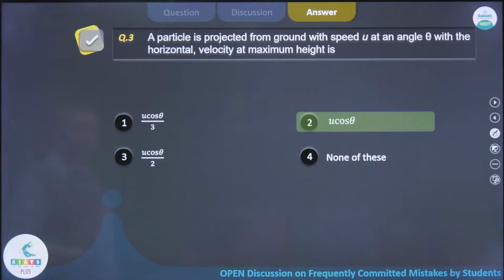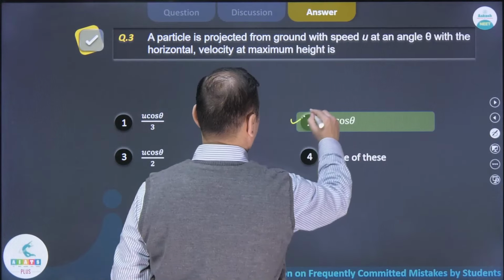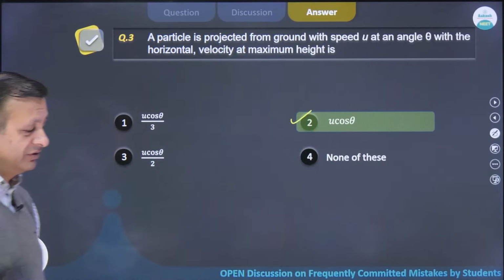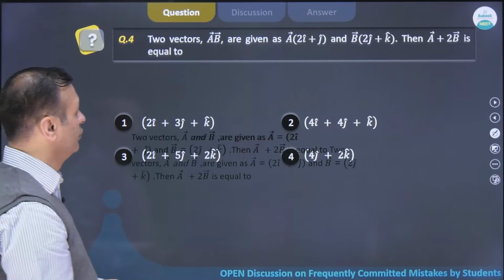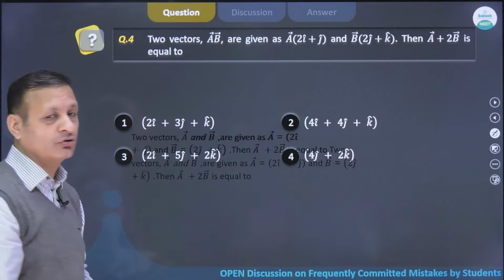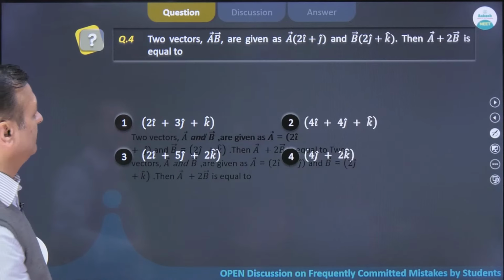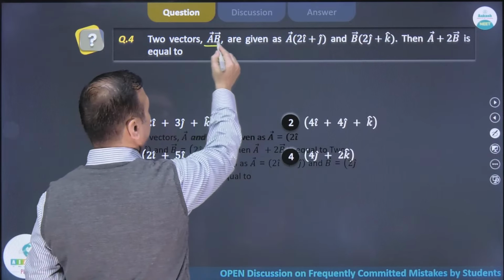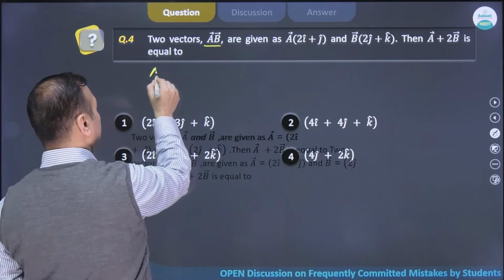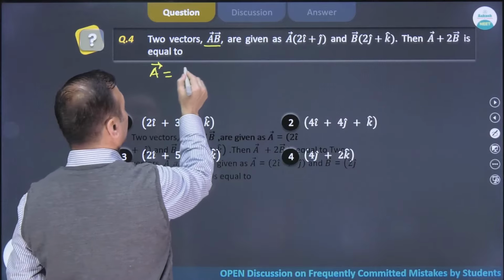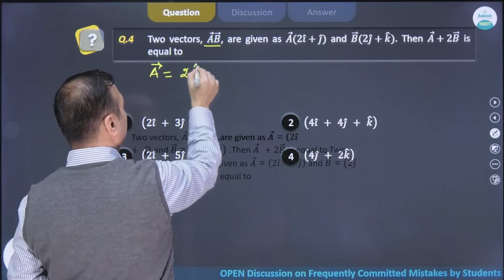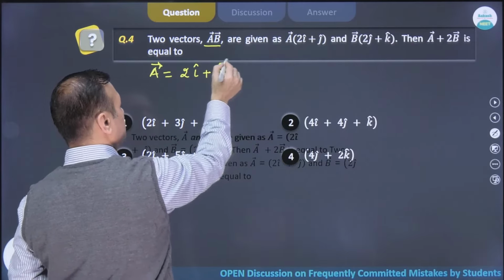So question 3 answer says it is u cos theta only. So this is what we have understood. Moving to the next question. Two vectors, these two vectors A and B. So these are two different vectors. Your vector A is given to you as 2i cap plus j cap.